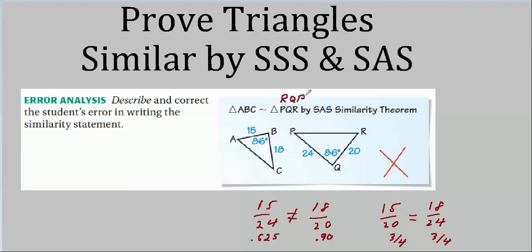It's the only mistake he made. It's important to get these in the corresponding order. Otherwise, when you check similarity, you will find that they aren't similar. So the order, when you're showing similarity, and in fact congruence as well, the order in which you write these does become important.